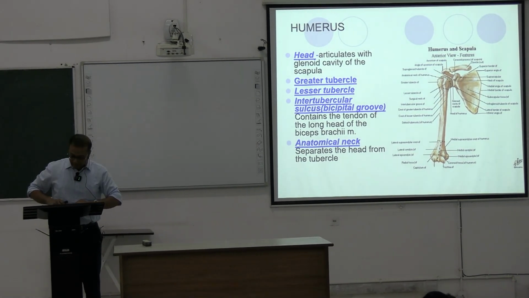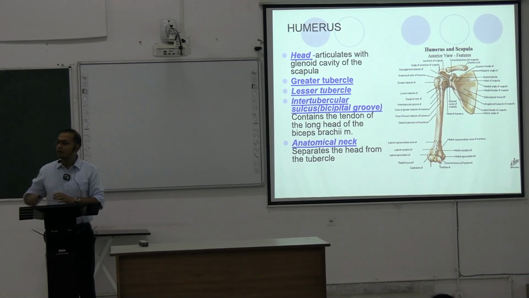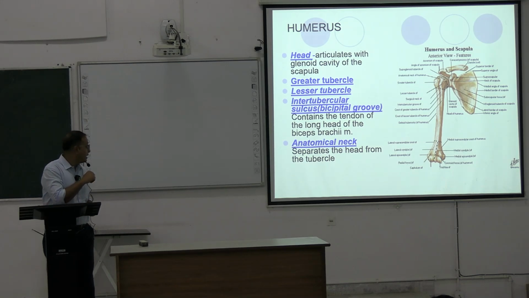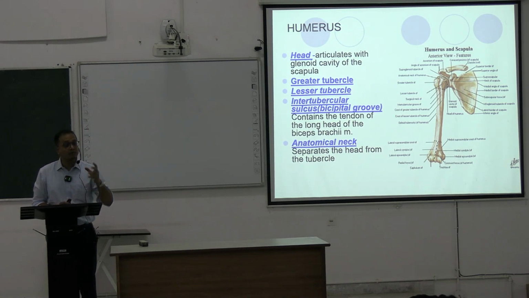The margin on top of it, running on top of this region, is the tendon of the long head of biceps brachii. That's why the bicipital groove is very important, because it lodges two important structures: the tendon of biceps brachii, and the floor is occupied by the lats. So get the logic why this is important.